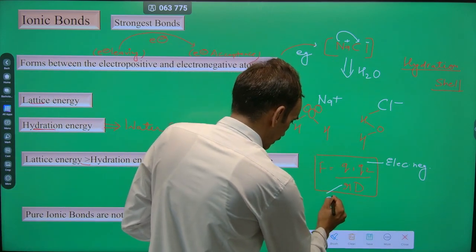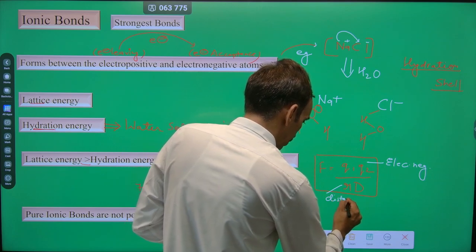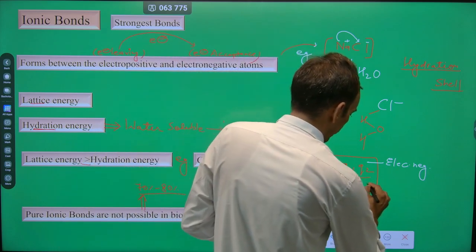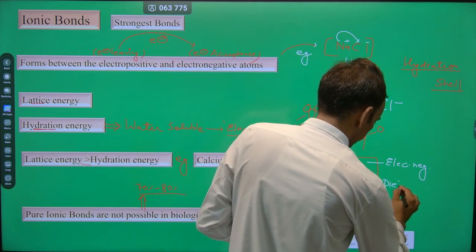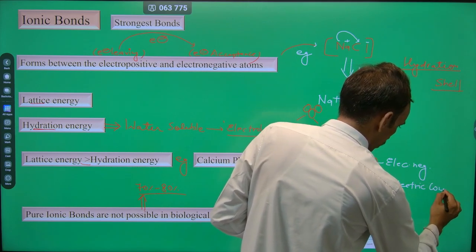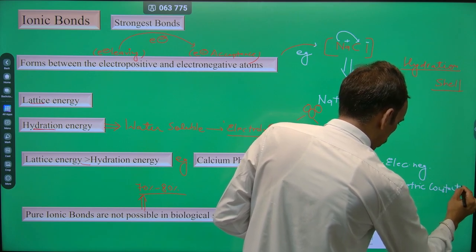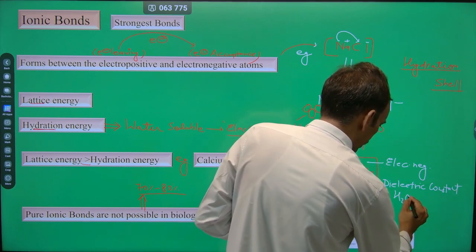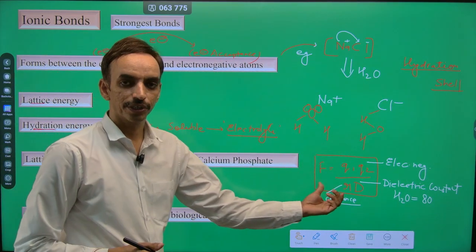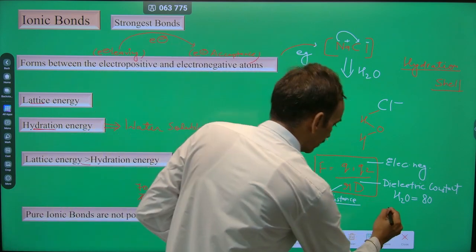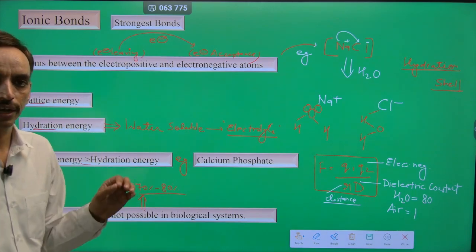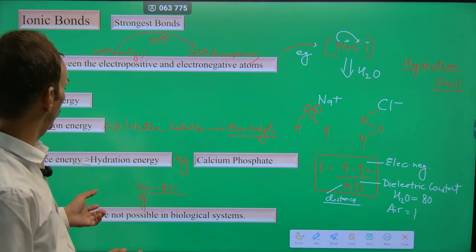R is the distance between the two atoms involved in bonding, while D is the dielectric constant. In case of water, the dielectric constant value is 80, which does not allow the formation of ionic bonds, while in case of air the value of D is only 1, which allows the formation of ionic bonds. So this is all about ionic bonds.